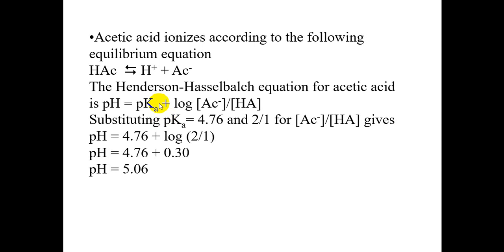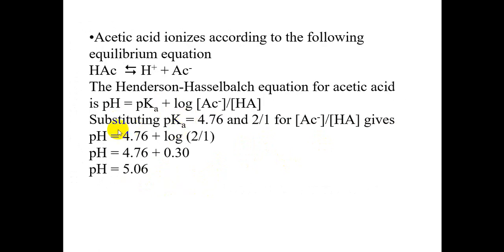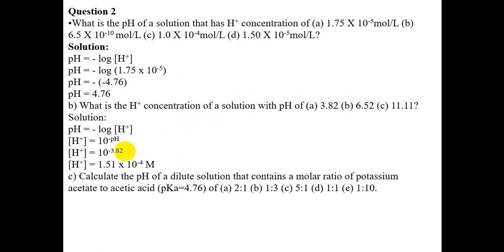So when you substitute, pKa was given to us as 4.76. Let's substitute into this formula. We have pH is equal to pKa, which was given as 4.76, plus log of this ratio, the base over acid, which was given to us. Let's go back: calculate the pH of a dilute solution that contains a molar ratio of potassium acetate to acetic acid.